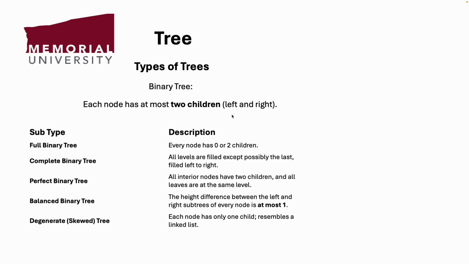For a complete binary tree, all levels are filled except possibly the last level, which is filled left to right. Third is a perfect binary tree. For a perfect binary tree, all the interior nodes have 2 children and all the leaves are at the same level.